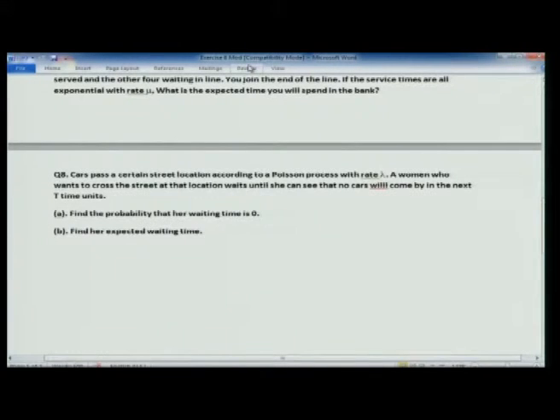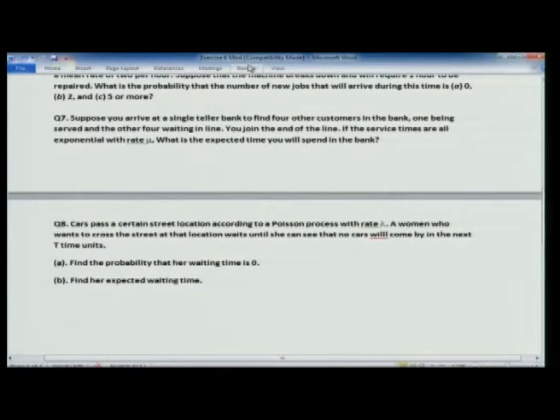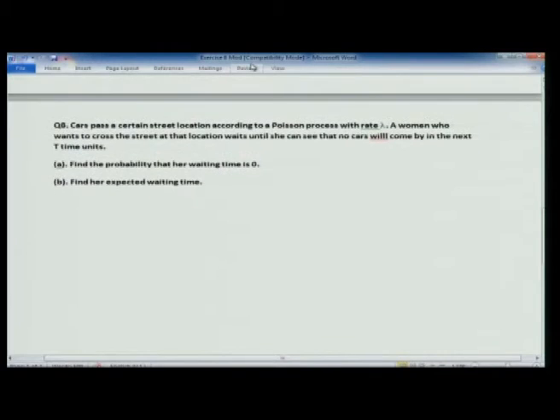Okay, the 8th one. Cars pass a certain street location according to a Poisson process with rate lambda. A woman who wants to cross the street at that location waits until she can see that no cars will come by in the next t time units.